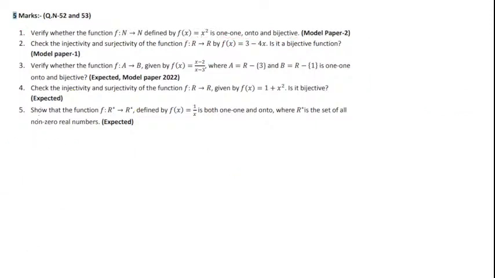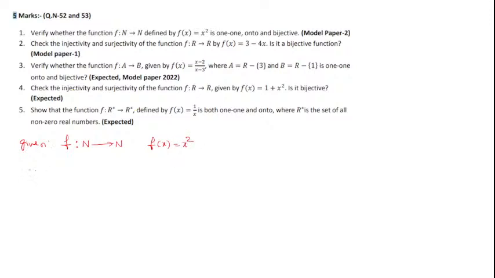So first question, the given function is defined from the set of natural numbers to the set of natural numbers. Okay, and the given function is such that f of x equal to x square, right?